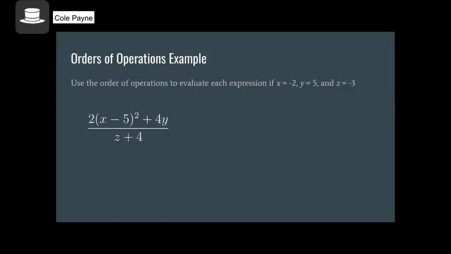All right, so here is a little bit more complicated version of doing orders of operations. So I'm going to set it up for you. I'm going to take these values and plug them in. So x is negative 2, y is 5, and z is negative 3.